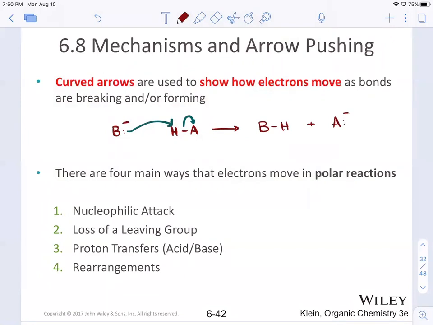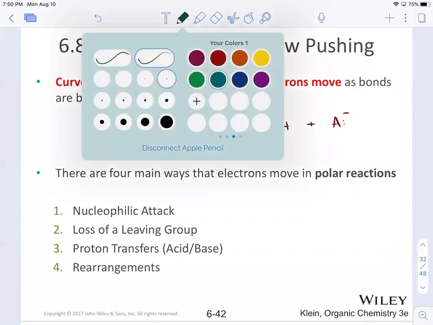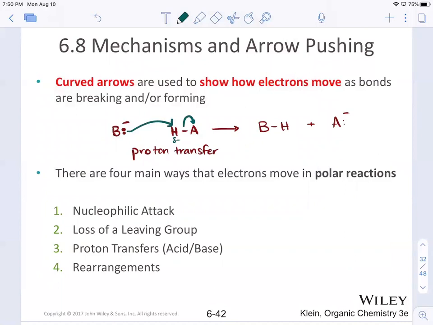This is an acid-base reaction, or what we are going to call a proton transfer. But again, it's starting with something that is electron rich, the base, going towards something that is electron deficient, which is the delta plus on the proton.